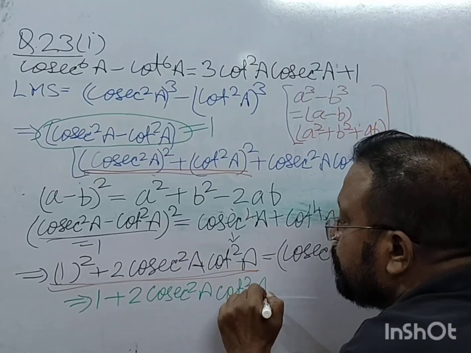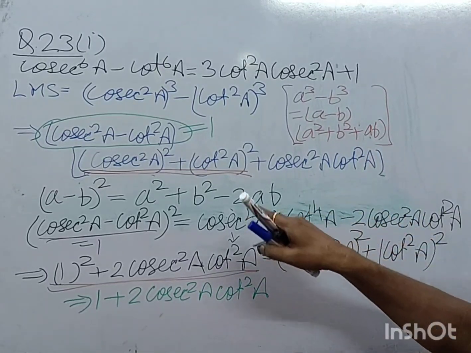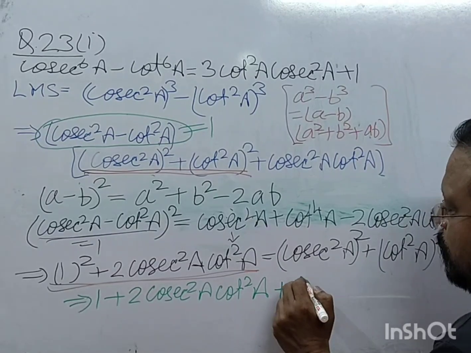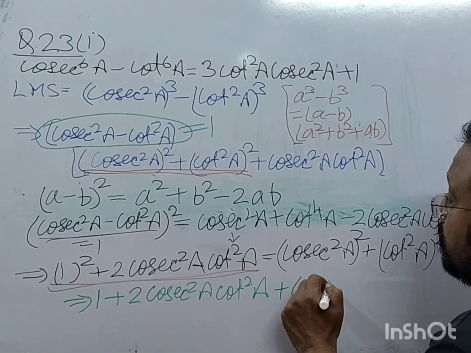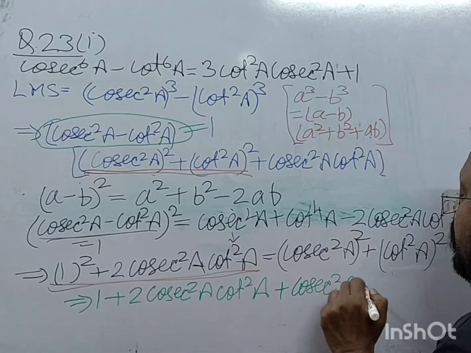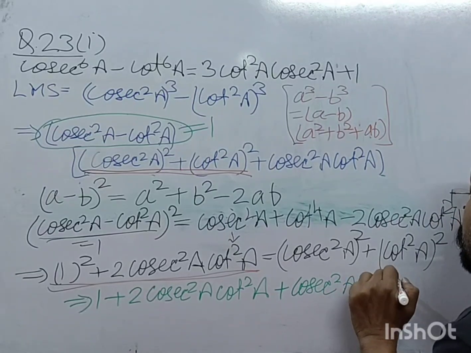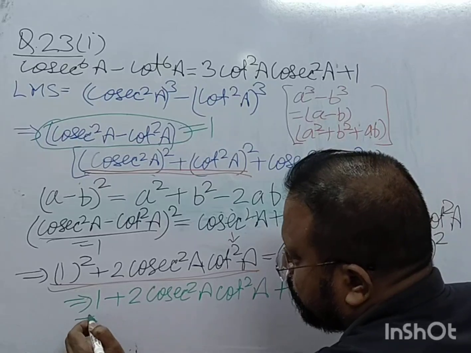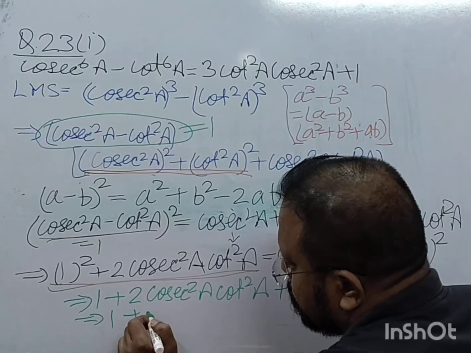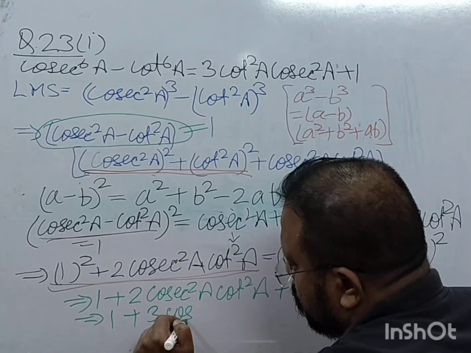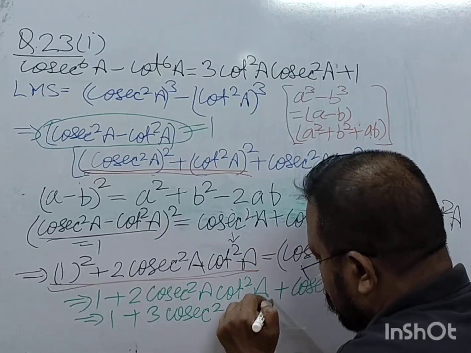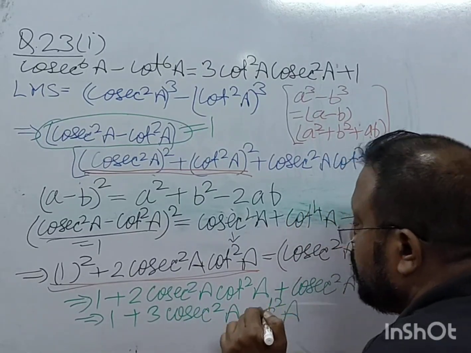cot square a, right, plus cosec square a cot square a. When you add these two, you get how much? 1 plus 3 cosec square a cot square a.